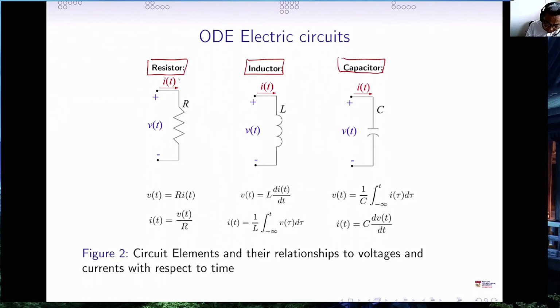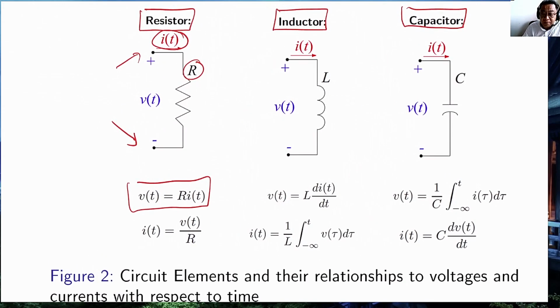We have a current that is varying with time passing through a resistor. The voltage drop across these two terminal points is given by the resistance value times the current at that instance.